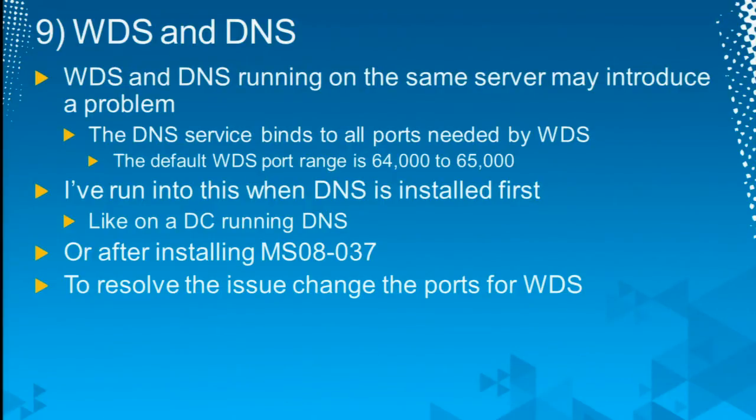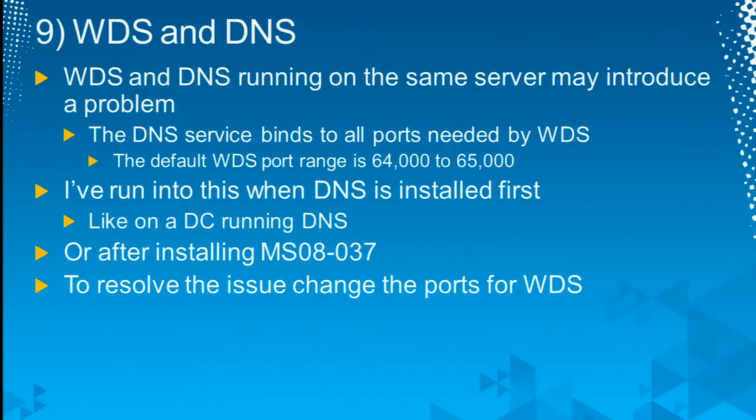So what can happen is you can break the boot process if you have WDS and DNS installed on the same machine. The problem you run into is DNS wants to bind to all the ports that WDS needs. And you can run into this in one of two ways.